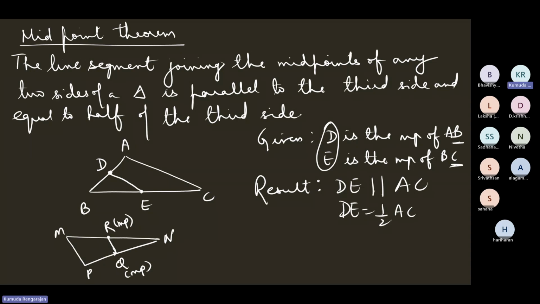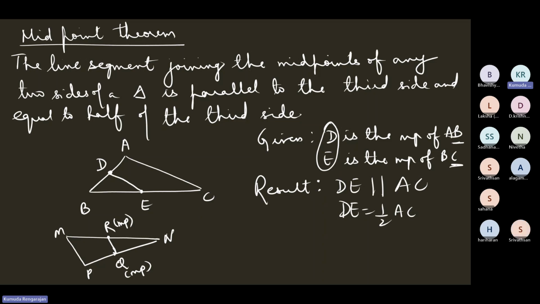If we are given this information, this is enough to use the results of the midpoint theorem. This information is sufficient. We have the midpoints of two sides of the triangle. Q is the midpoint of PN, R is the midpoint of MN. These two should be given to us.